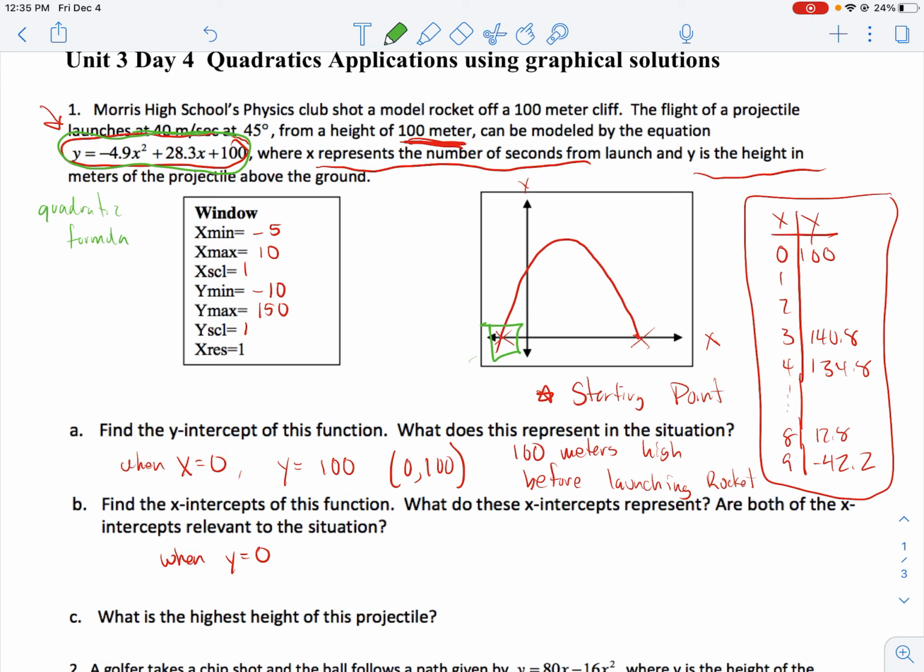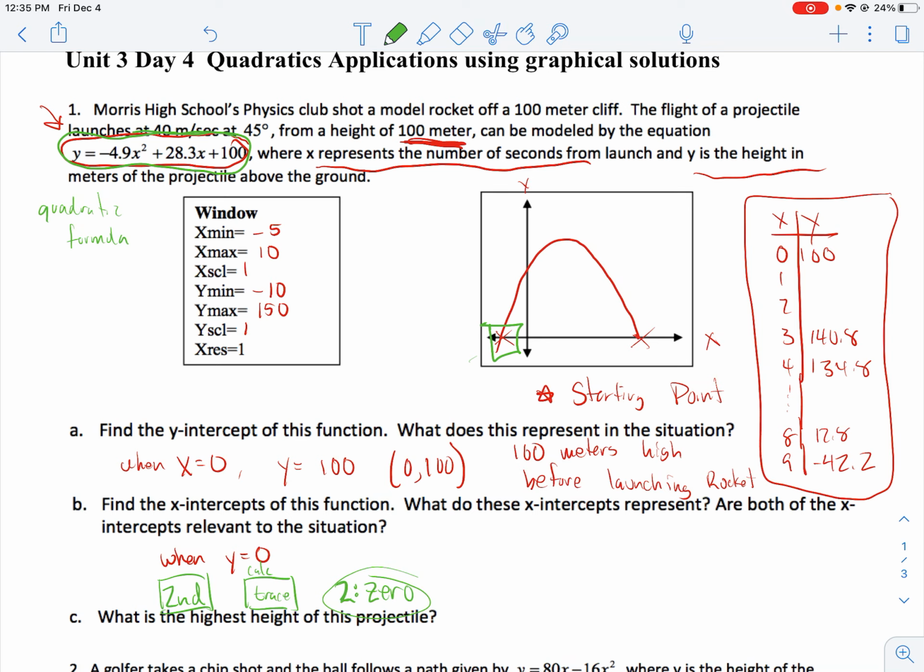And so what we're going to have to use is our second, the trace button, because we're trying to get that calc above. So second trace. And then we're going to click 0 at 2.